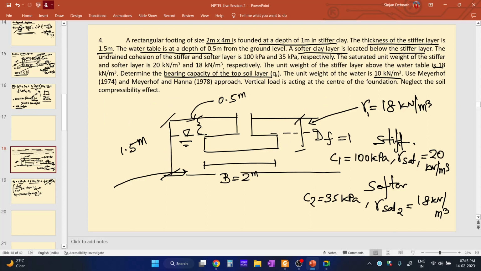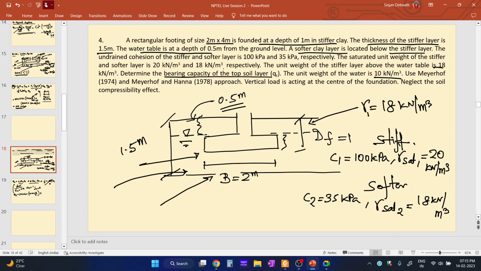In the last case, we found the surcharge acting on the top of the bottom layer. Since now we need to find the bearing capacity of the top layer, we need to find the surcharge acting at the depth Df, that means over here. So what will be the surcharge acting over here? It is 0.5 into gamma 1, the unit weight of the soil above the groundwater table, plus gamma submerged into this part.